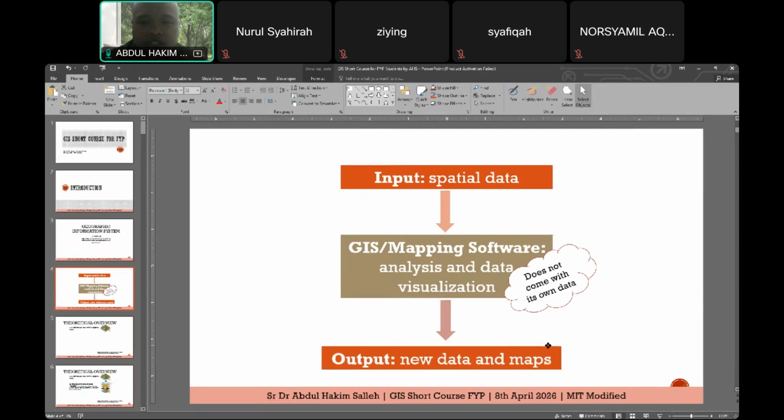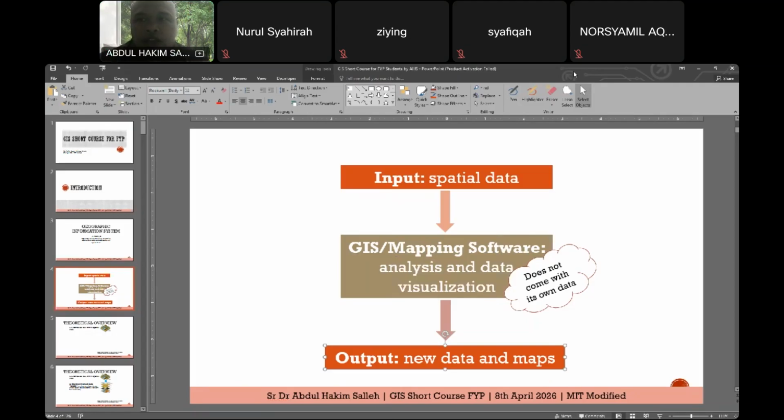New data and maps. Okay, so basically GIS does not have its own data. You are the one who needs to capture the data. Whether you want to do flood mapping, then you need to capture rainfall data at least.